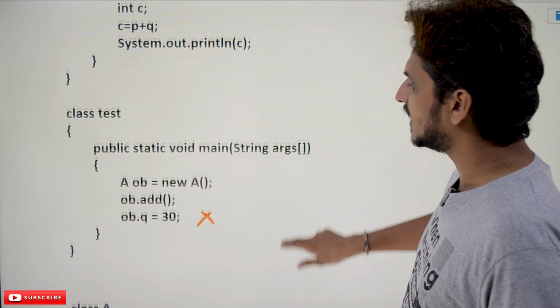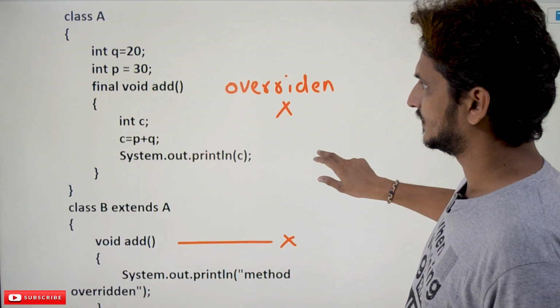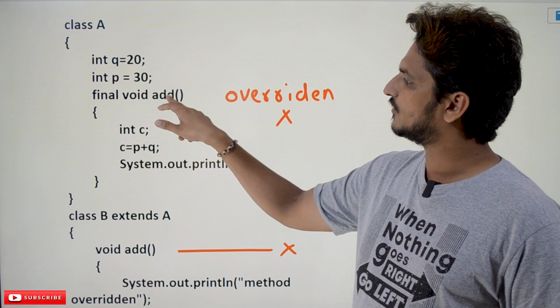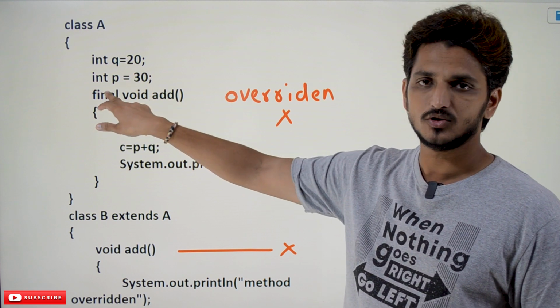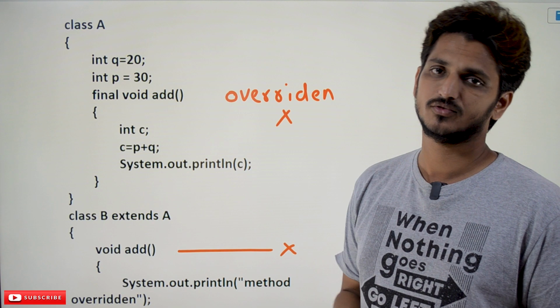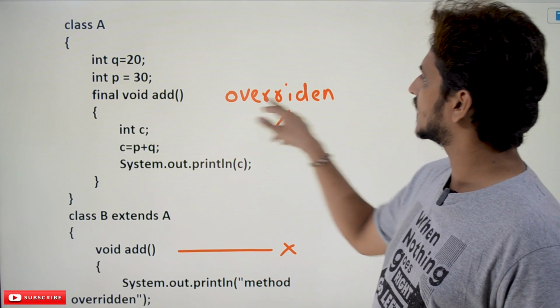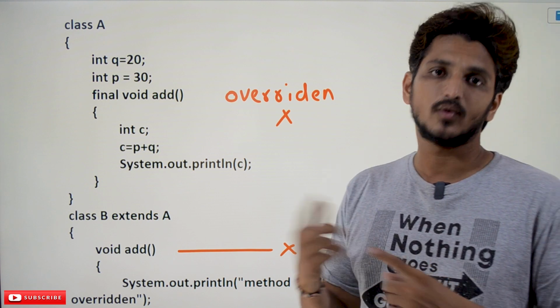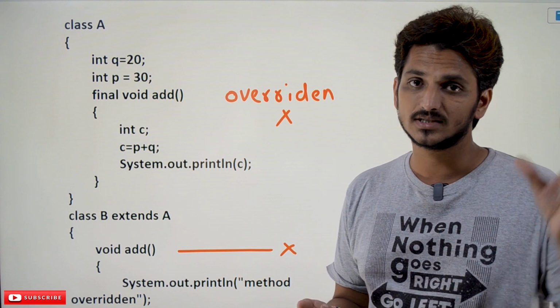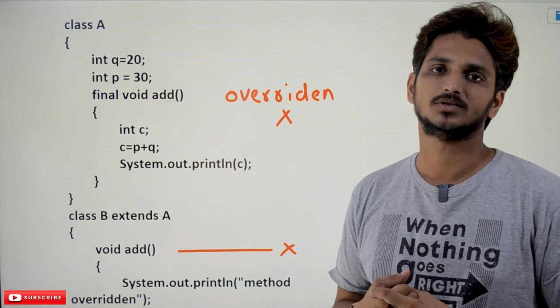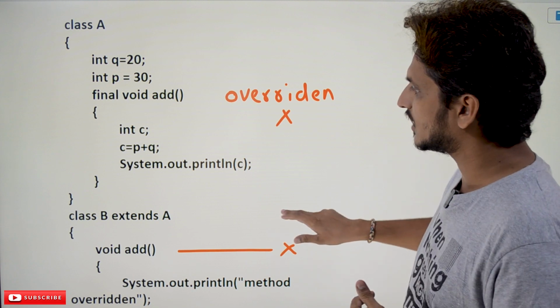If we use the final keyword before a method, void add, before this method we are going to use the final keyword. That means it is not allowed to override. Method overriding, which we discussed in our previous classes during the inheritance concepts. What does method overriding mean?